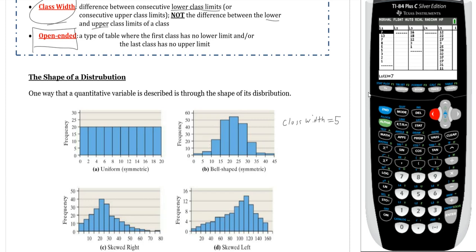As I said, the bars are touching each other, so that's another important key piece. But now also notice that we've lost some information compared to when we were working with bar graphs. This middle bar that represents 20 to 25, well, I can see the frequency of it. I see the frequency goes up to about 55. We read that the same way that we did for bar graphs. The unfortunate thing is I don't know what those numbers were originally.